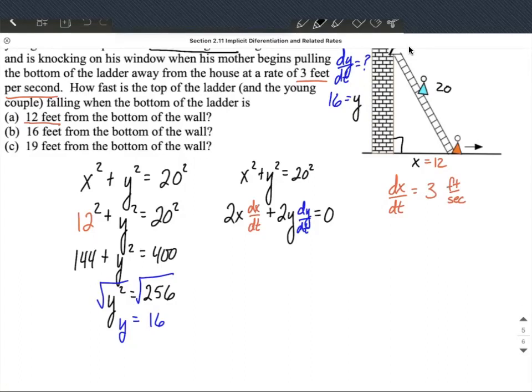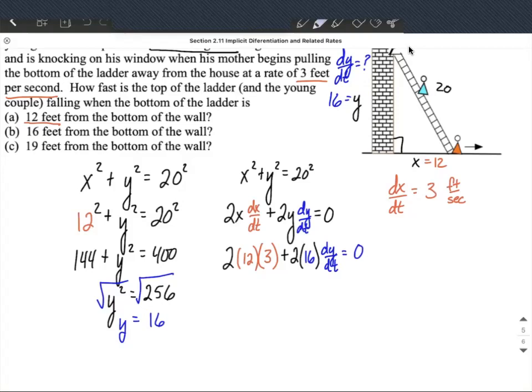What can we now fill in? For x, we know our x value in part A is 12. dx/dt we identified as increasing by 3 feet per second, so 3 gets plugged in there, plus 2 times y, which we solved for this right triangle and found y has to be 16. We still don't know dy/dt, and it's all equal to 0 on the right side.